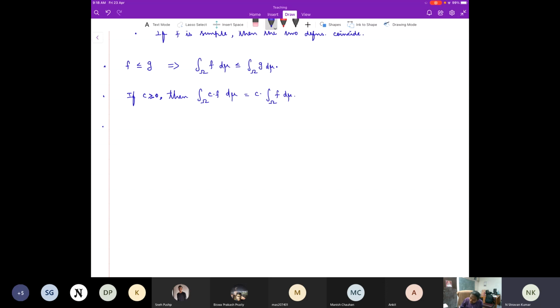The last one is that the integral of f plus g d mu is equal to the integral over Omega of f d mu plus the integral over Omega of g d mu. How do you show this?